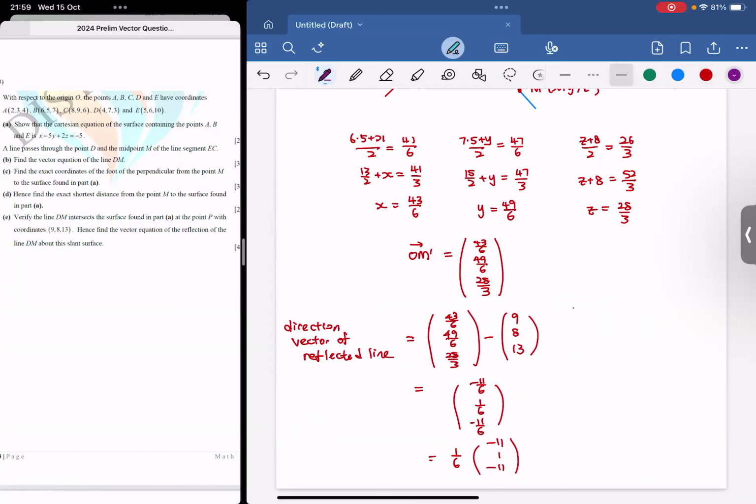Therefore, the equation of the reflected line of DM is r equals (9, 8, 13) plus alpha (-11, 1, -11), where alpha is an element of the real numbers.